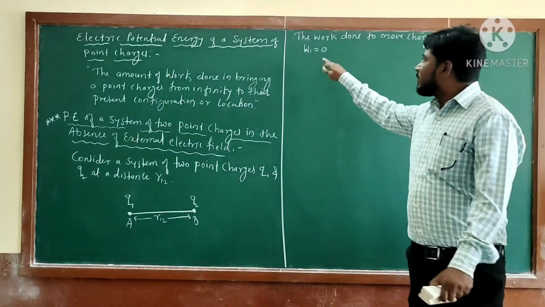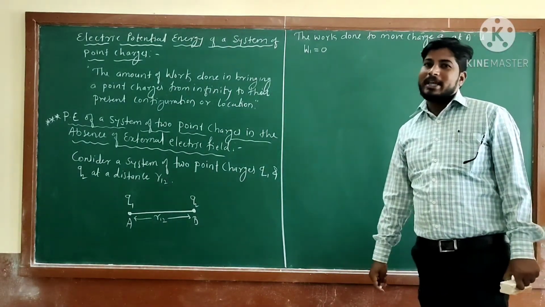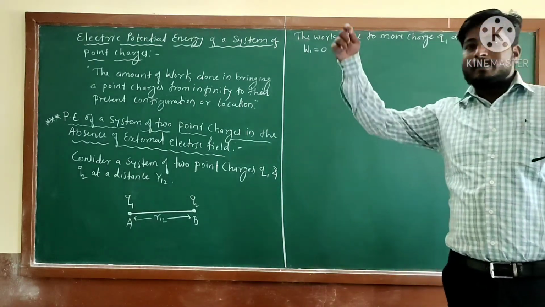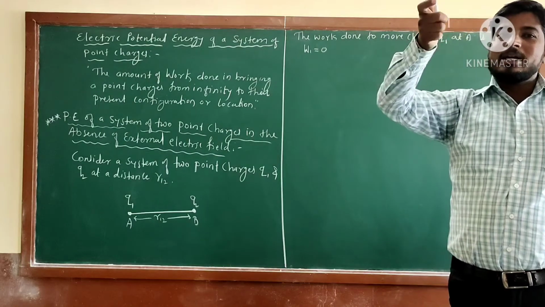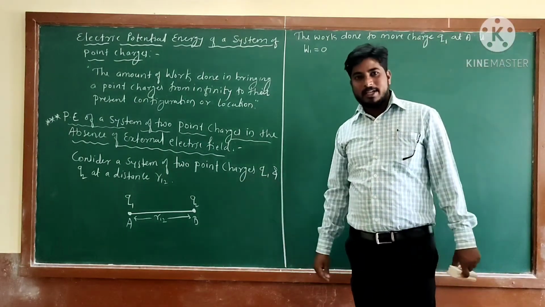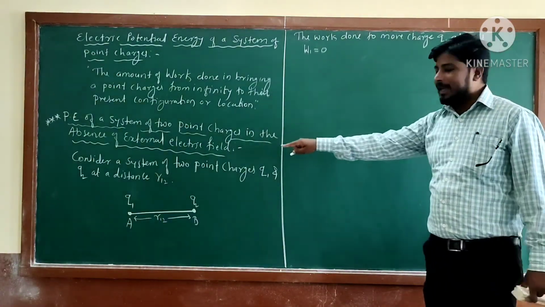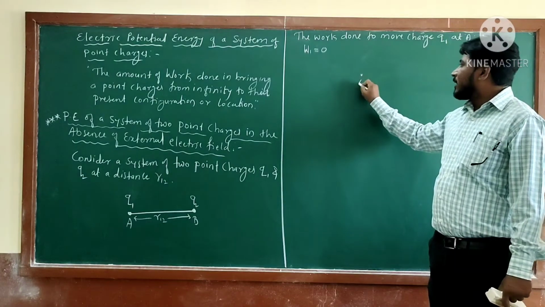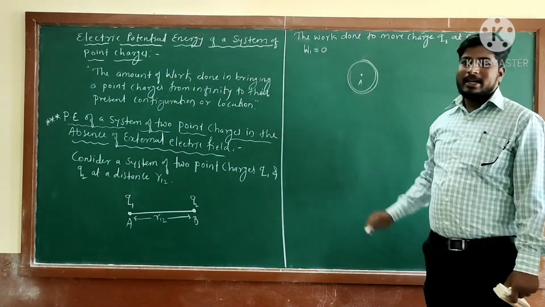Why can I write that W1 is equal to 0? Work done is 0 because initially, when I move that charge, there is no electric field present. Say I am bringing the charge from infinity to this point A, then no electric field is present, so no work is done.